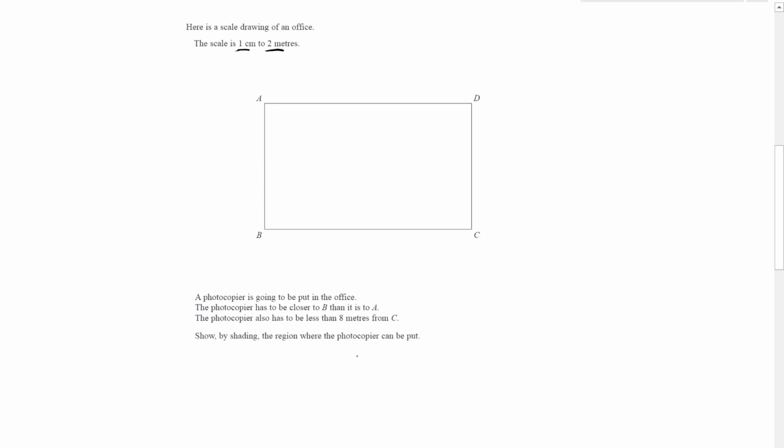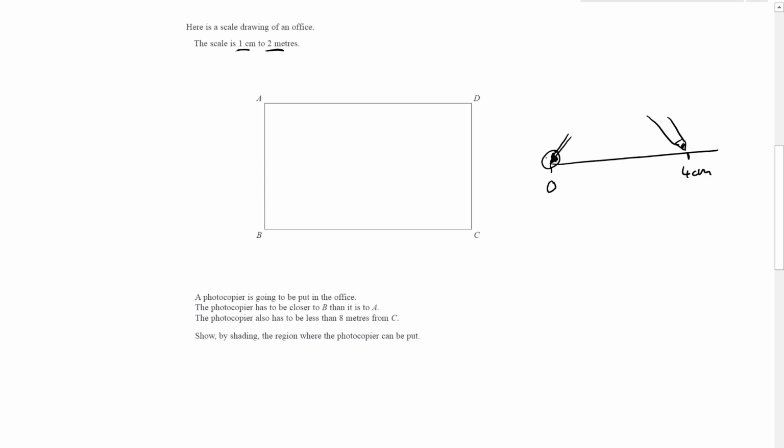Okay, so this is a little bit trickier because the first thing, this 8 meters from C, we can do pretty easily. If every centimeter is 2 meters, then 8 meters is going to be equal to 4 centimeters. So you get your ruler, you put your pin on the 0, and then you find where it is 4 centimeters, and that's where you line your pencil, and then you keep that length the same.